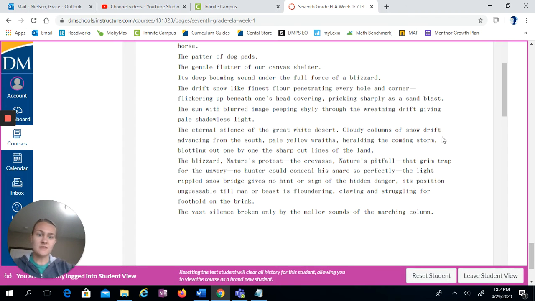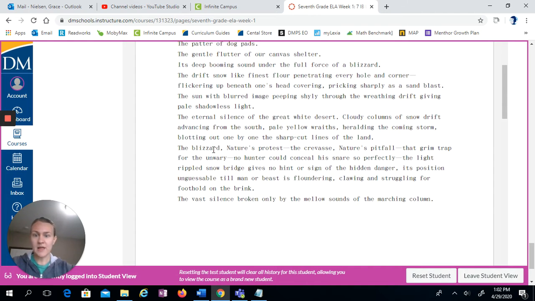Cloudy columns of snow drift, advancing from the south, pale yellow wraiths, heralding the coming storm, blotting out, one by one, the sharp-cut lines of the land, the blizzard, nature's protest, the crevasse, nature's pitfall, the grim trap for the unwary. No hunter could conceal his snare so perfectly.